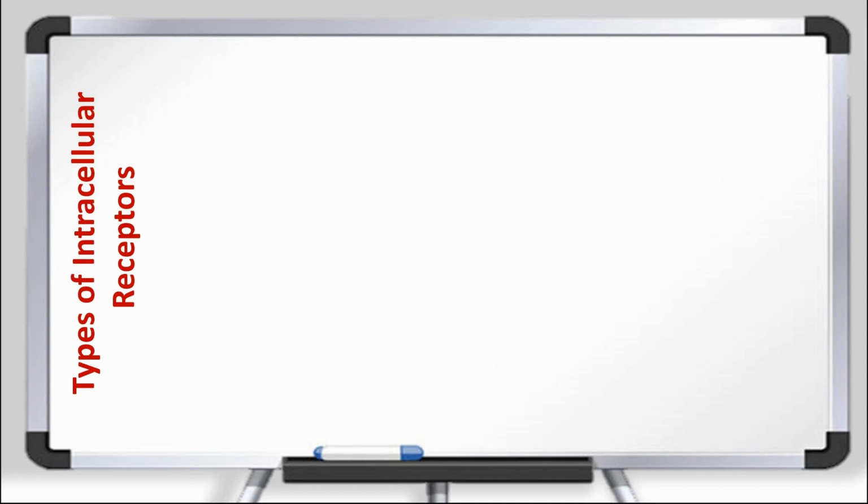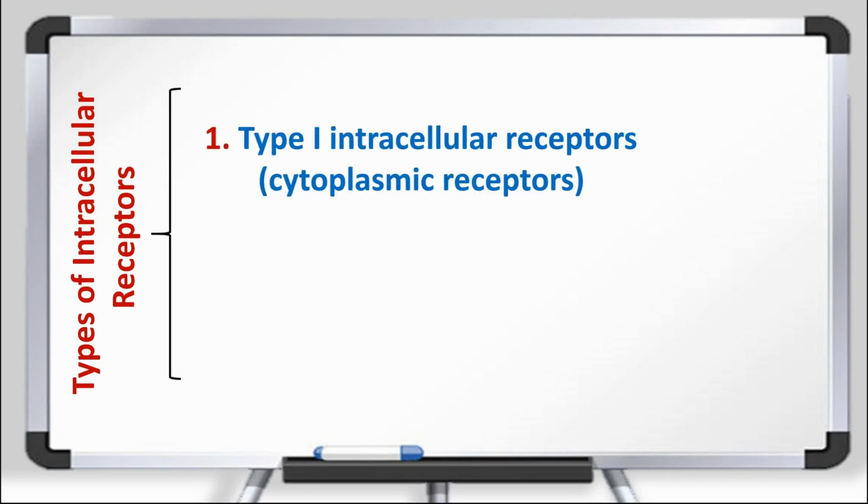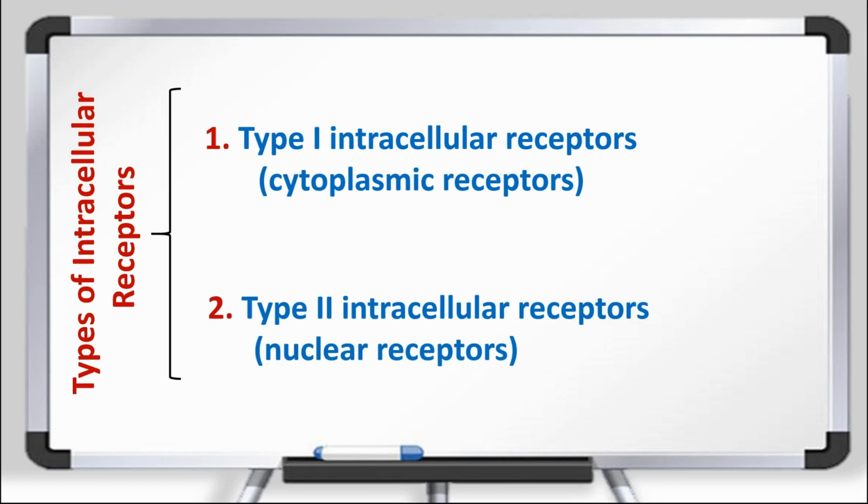Types of intracellular receptors. Intracellular receptors can be divided into two types. Number 1, Type 1 intracellular receptors or cytoplasmic receptors, and number 2, Type 2 intracellular receptors or nuclear receptors.